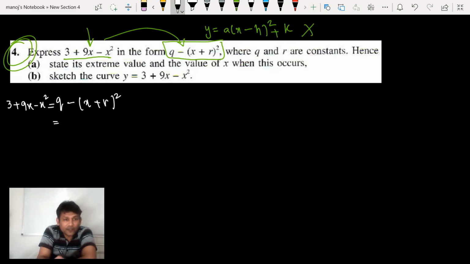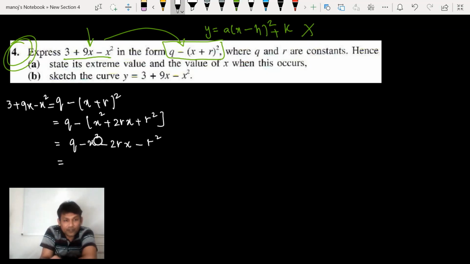Okay, I have to expand this. a squared plus 2ab plus b squared, the perfect square formula. Minus 2rx minus r squared. Still I want to write in this form: x squared and at the end the constant term is q minus r squared.